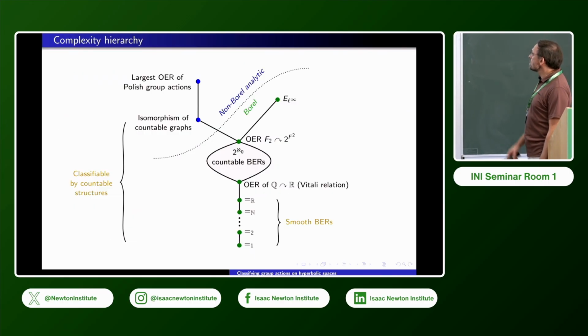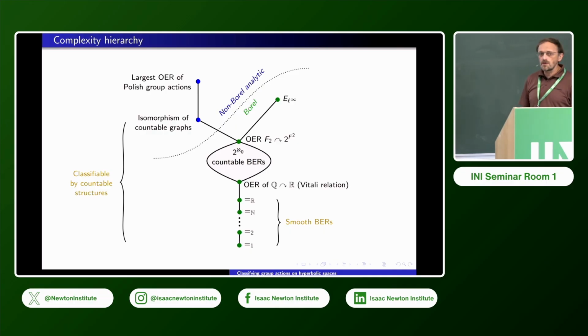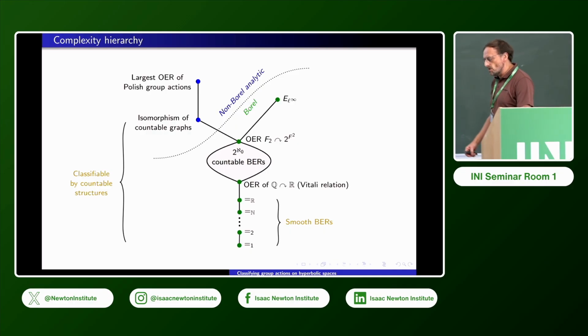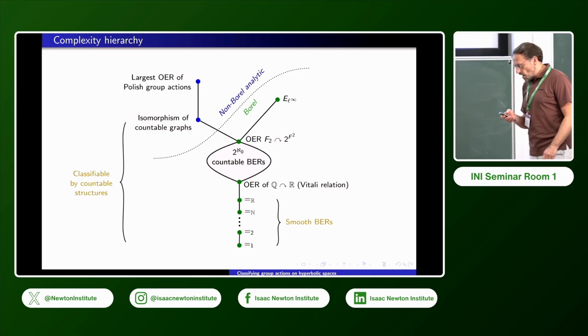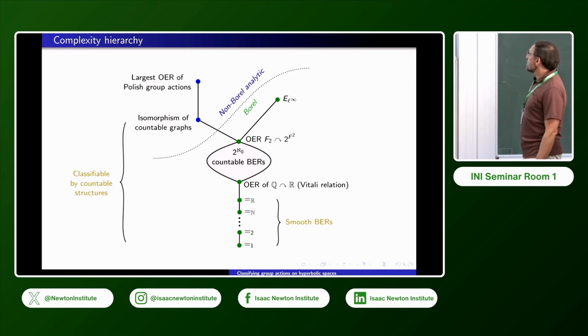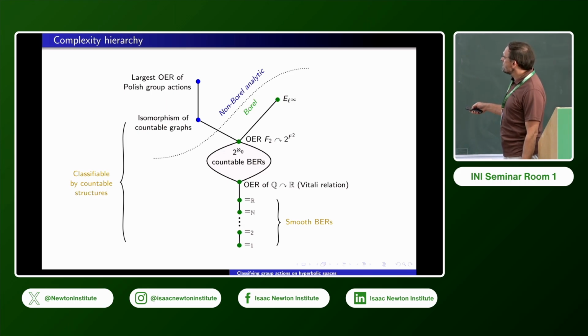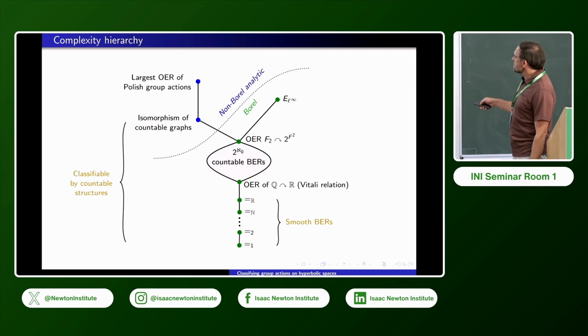So here is the picture that illustrates the complexity hierarchy of Borel equivalence relations up to Borel bireducibility. As I said at the very beginning, you have this initial segment consisting of smooth Borel equivalence relations.